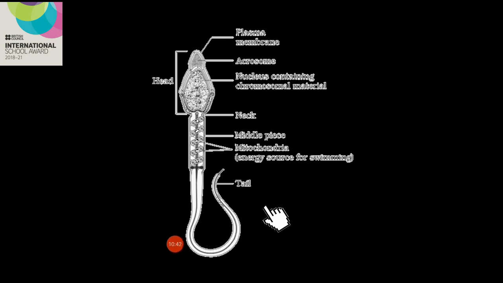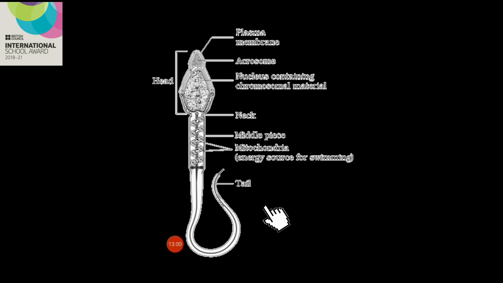Certain adaptations which can be seen in sperm will help it to fertilize the egg easily. Here, the spindle-shaped body of the sperm enables the rapid movement of the sperm through the female reproductive tract, and the tightly packed mitochondria which can be seen in the middle piece provide sufficient energy for the propulsion of sperm through the female reproductive tract.